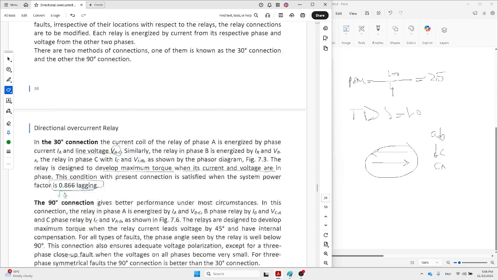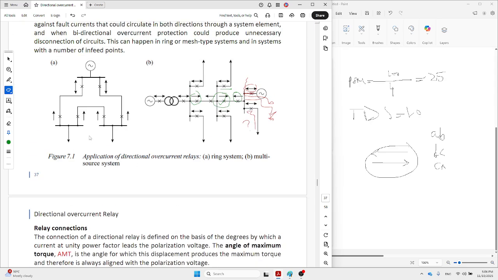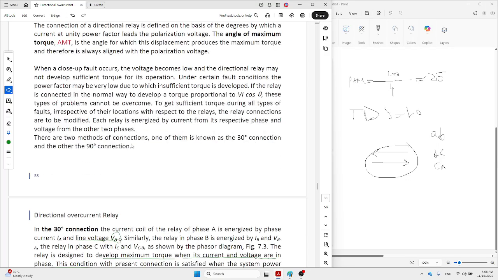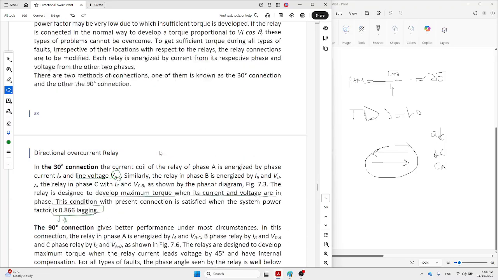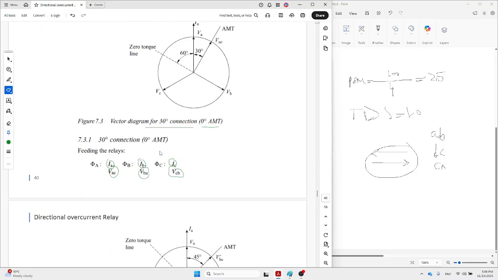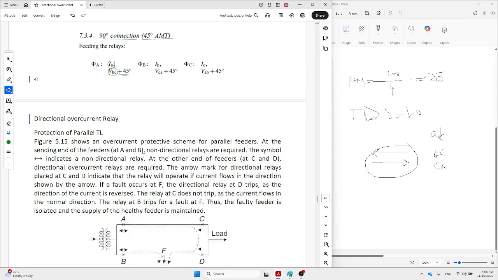So if the fault happens close to the relay point, that cannot be distinguished by the relay. Faults very close to the relay or very far from the relay are really a headache, always, in power system protection.